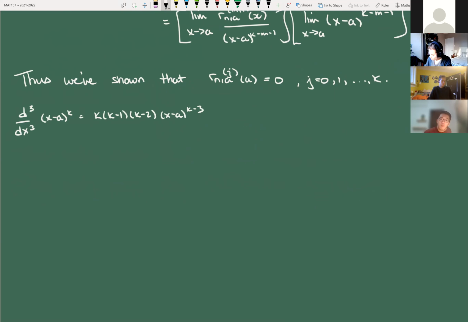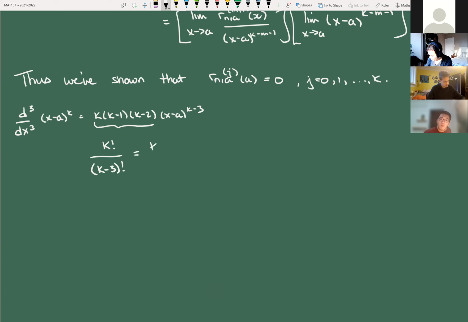My goal here is that I don't want to write this as k times k minus 1 times k minus 2 dot dot dot. So I'm going to write this as k factorial, which we know is k times k minus 1 times k minus 2, and so on and so forth. But then I say, listen, why don't we get rid of everything after k minus 3?